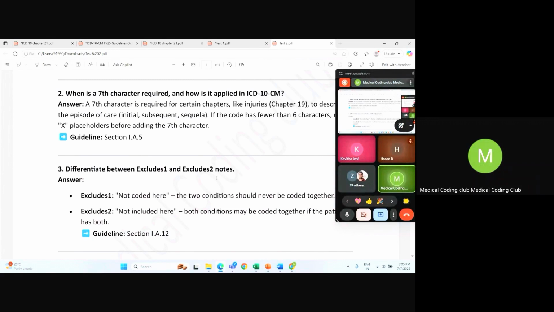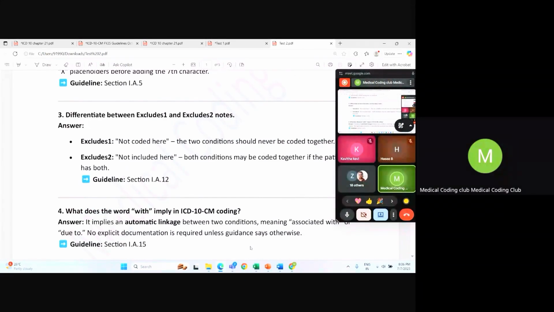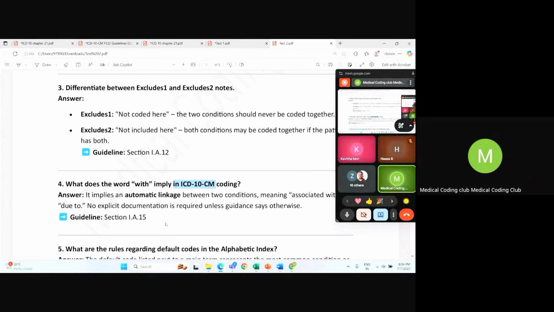Differentiate between Excludes1 and Excludes2 notes. Excludes1 means the conditions are not coded here. Excludes2 means the condition is not included within this code, but the two can be coded together, being an associated condition, like associated with or due to.